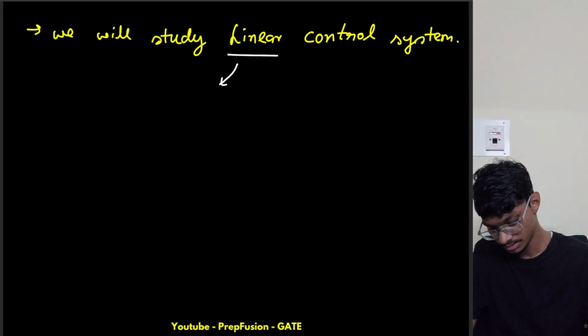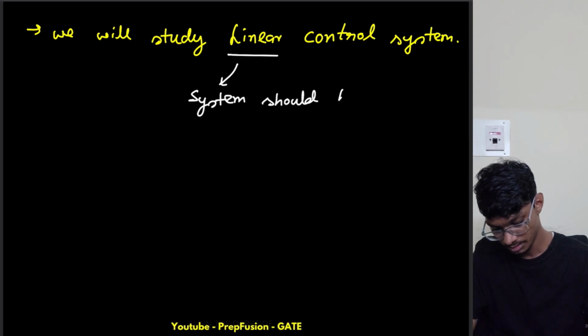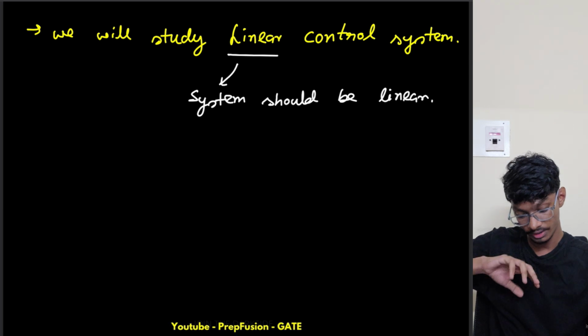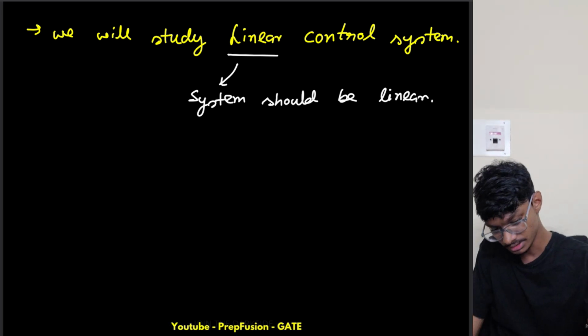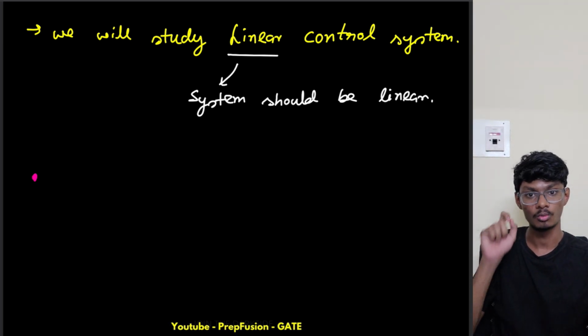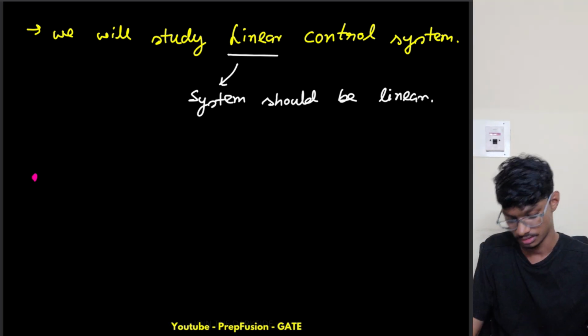So this means that the system should be linear. Okay, the system should be linear. So what does linear mean? Linear means the system should follow the properties of homogeneity and superposition.